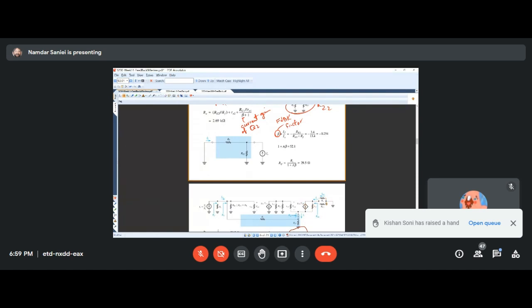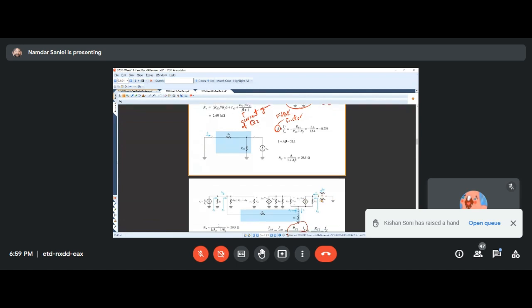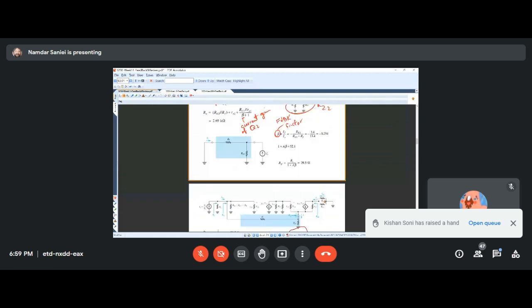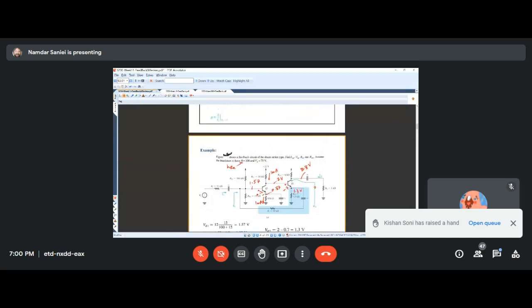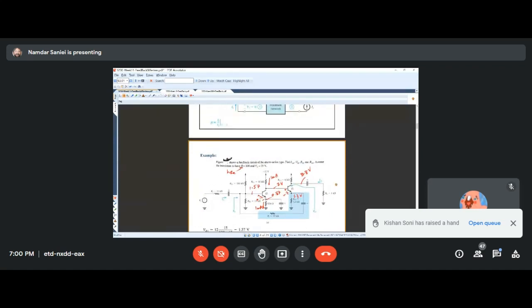This current goes through RC2 and RL. Both are in parallel, and we can find the output voltage by multiplying that I out by RL parallel RC2 in this case. Let me see the original circuit. Yeah, you see, if we're looking at voltage out here, the RL would be in parallel with it.